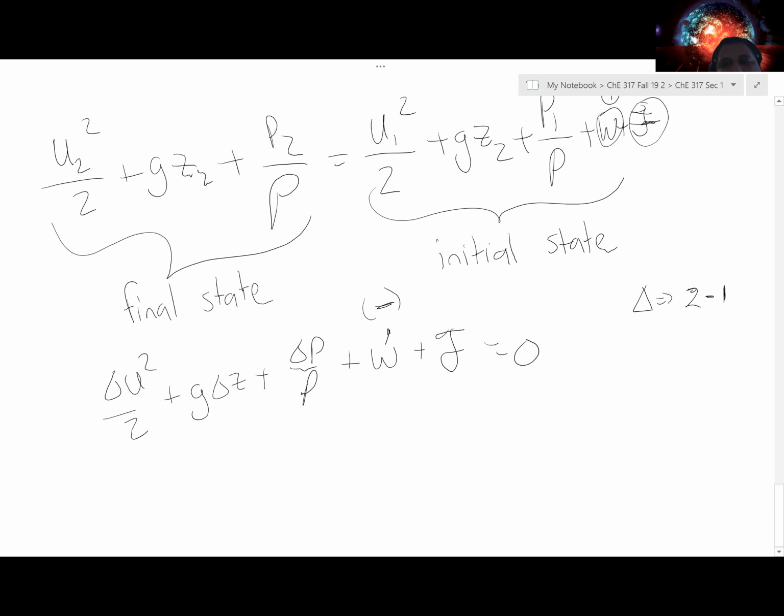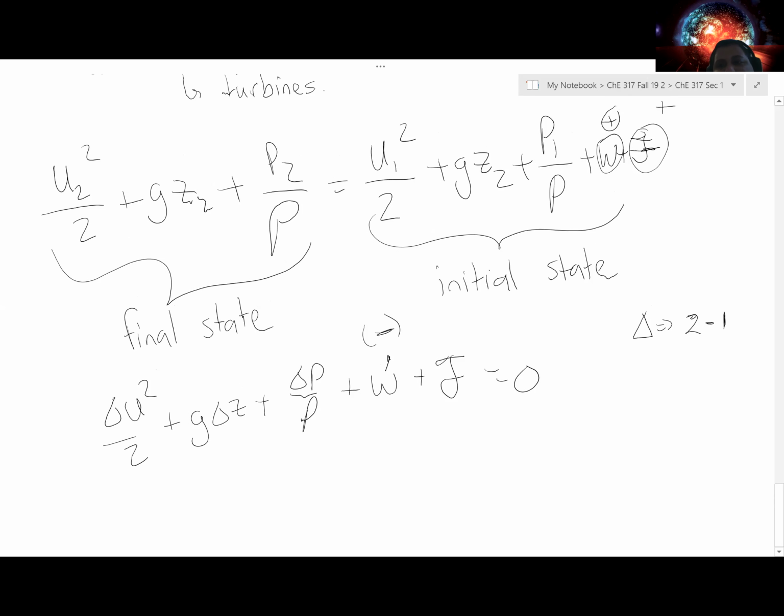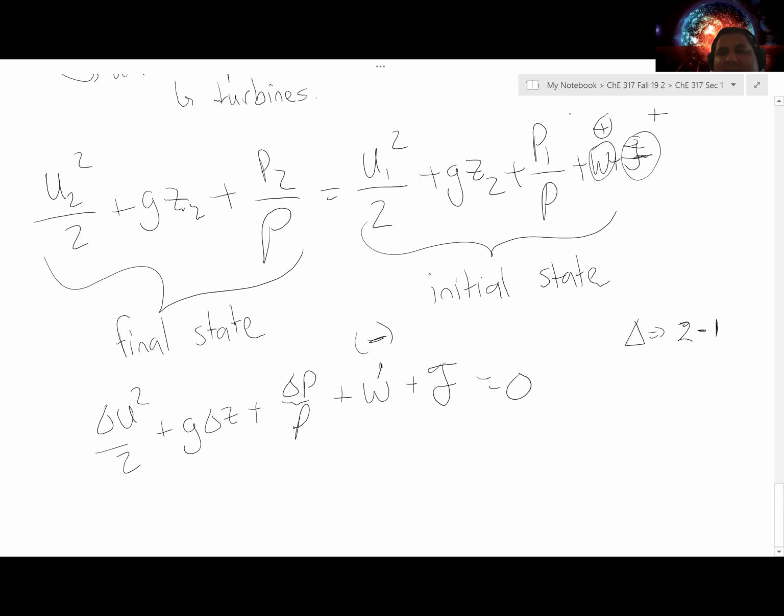And so when you're solving for work requirements for pumps and compressors, your final answer is going to be negative. Because initially, if you look at the system without these two terms, you have the simplified Bernoulli, where we just have kinetic energy, static energy, and pressure energy. And if there's no work or friction, those two energies should equal the same value.